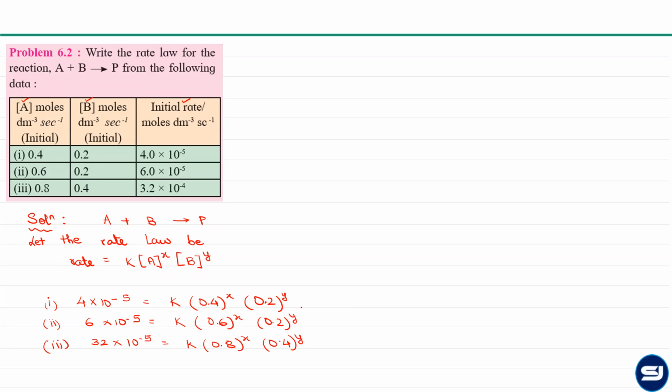Now you have three equations and two unknowns. You can simply divide and get the unknowns. मतलब first and second को अगर आप divide करते हो, then 0.2 raised to y and 0.2 raised to y ये common हो जाएगा, मतलब they will be cancelled off, and what we will get is the value for x, because k is also a constant, it will get cancelled.